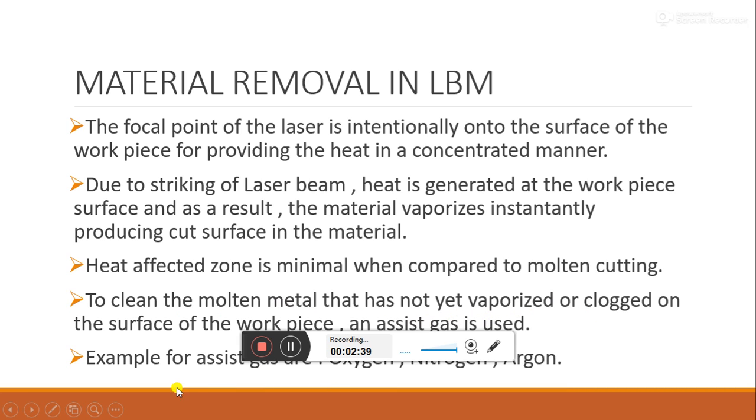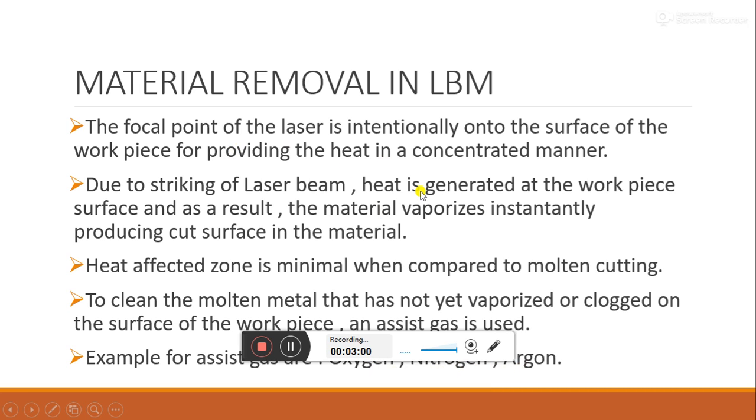What are the examples of assist gas? Assist gases are oxygen, nitrogen, and argon. Which one is to be used? If oxygen is to be used, the material should be mild steel. Similarly, you have conditions for nitrogen and argon. So these assist gases are selected on the basis of the type of material.